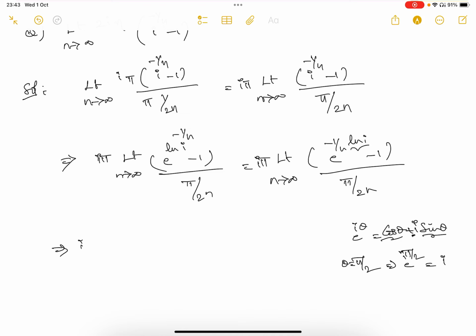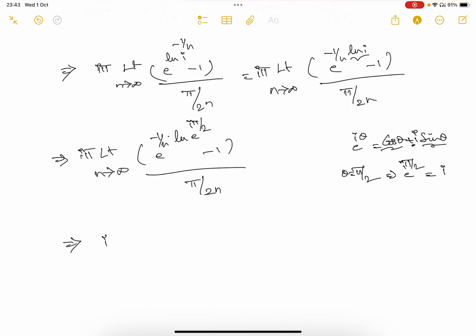So then this will turn into i pi limit n tends to infinity of e^(-1/n ln i) - 1 by pi by 2n, where ln i is ln e^(i pi/2).